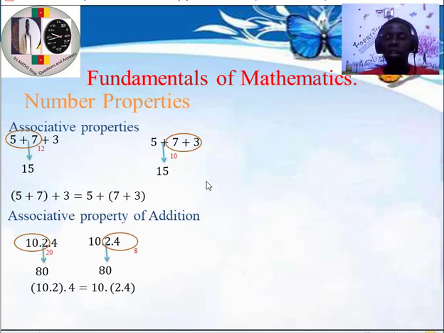So in this case, we can say that addition and multiplication are both commutative because the order in which we perform them does not matter, and they are both associative because no matter how we group numbers before we perform the multiplication or addition, it will give us the same results.